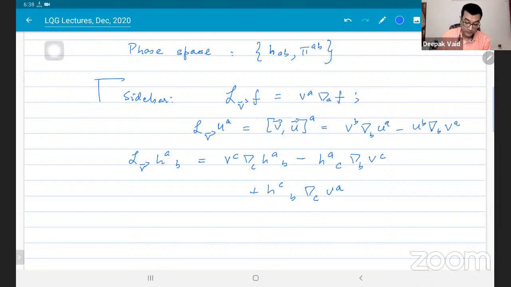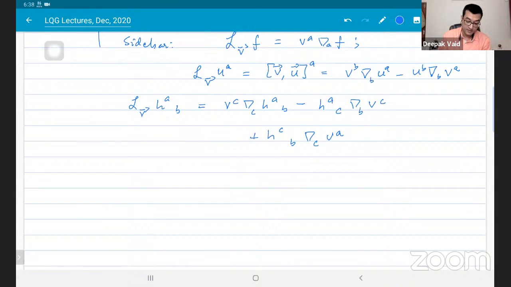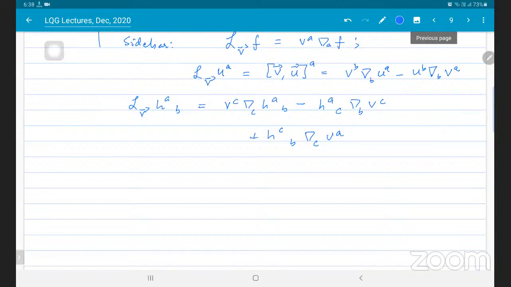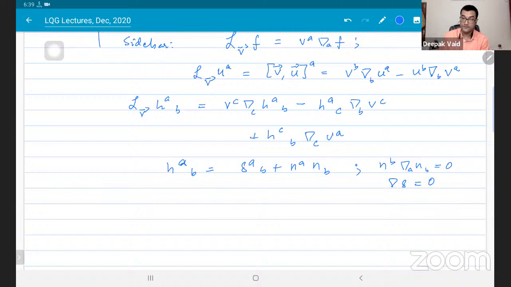So that's what we are doing here. We are applying this Lie derivative to h alpha beta. When we apply it, we get these terms. We substitute for h_ab this expression plus n_a n_b in each of these terms. Then we use the fact that, for example, this term is 0, and of course the gradient of this delta will be 0, right?